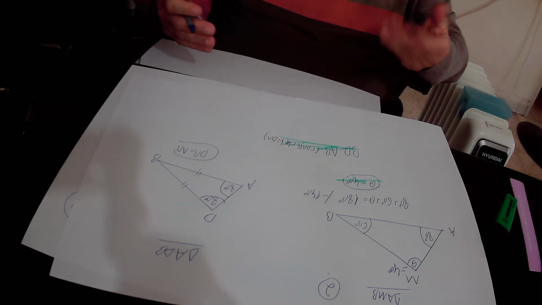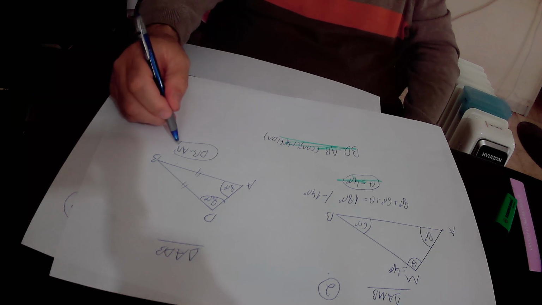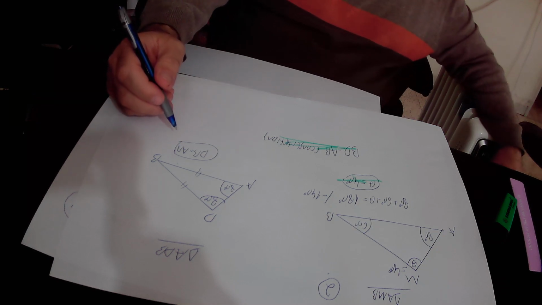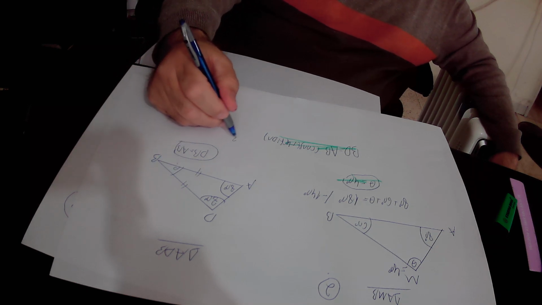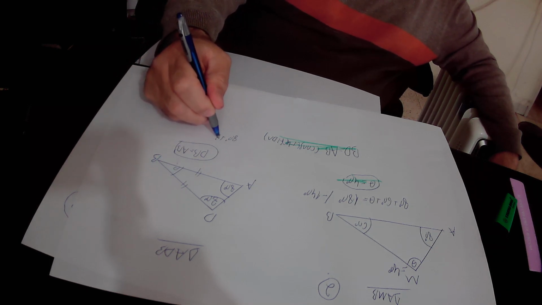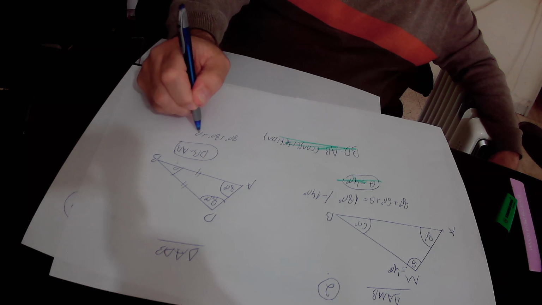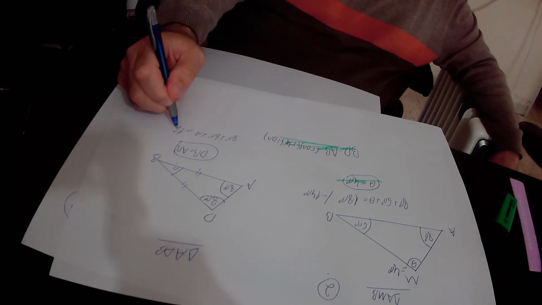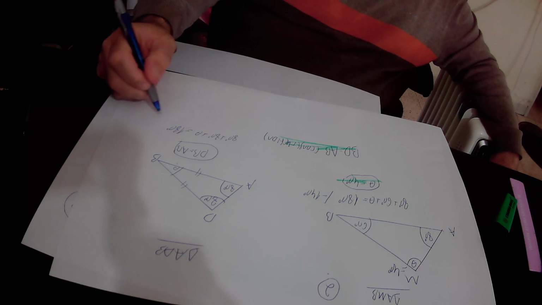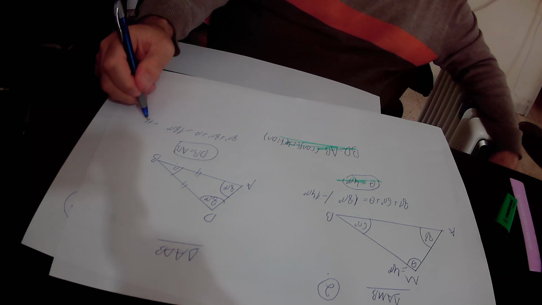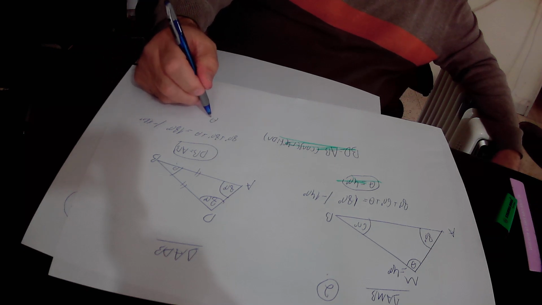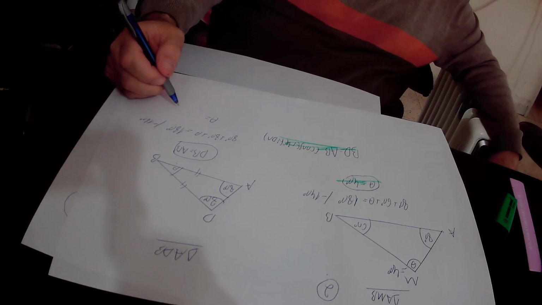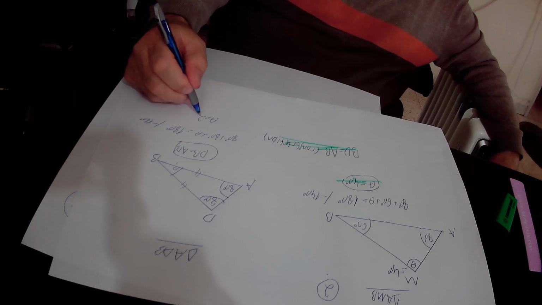We continue to focus on triangle ADB. The sum of the angles in triangle ADB equals 180 degrees. We define the missing angle as theta. So 80 degrees plus 80 degrees plus theta, in total they must be equal to 180 degrees. 80 plus 80 is 160, so we subtract 160 degrees from this equation, and finally we get that angle theta equals 180 minus 160, which is 20 degrees.